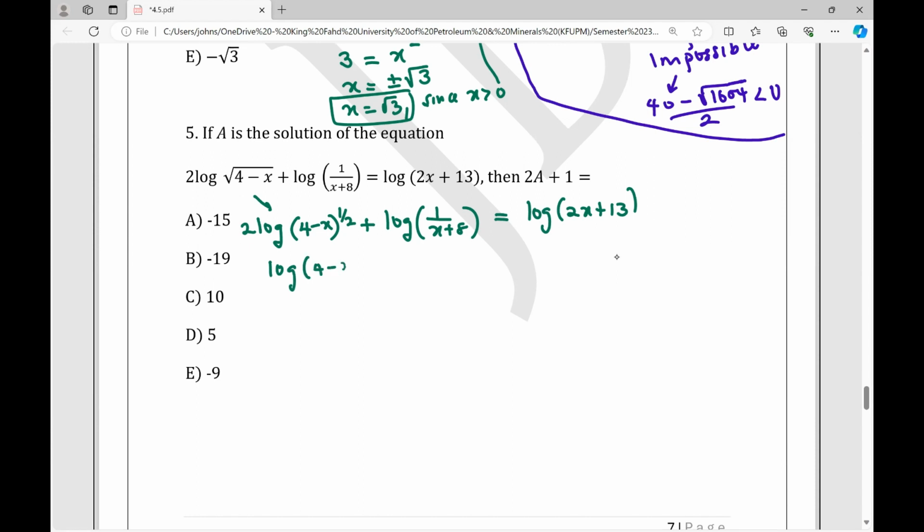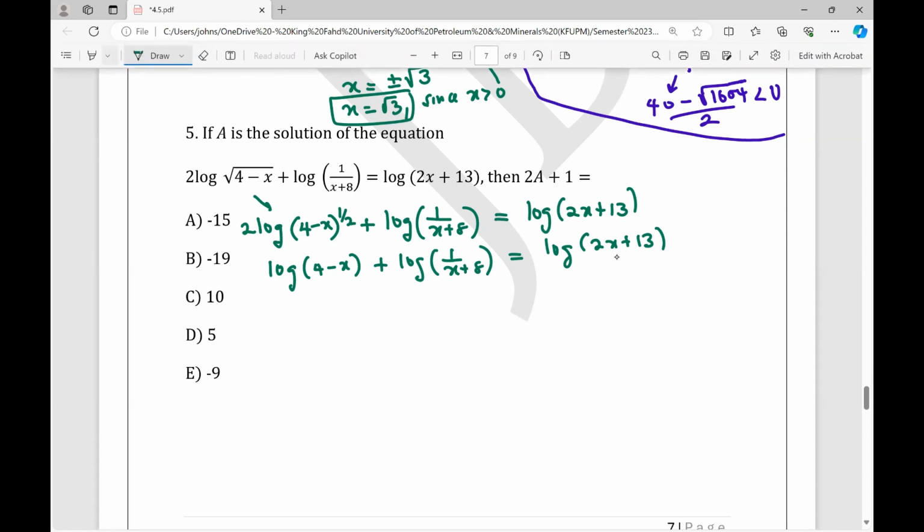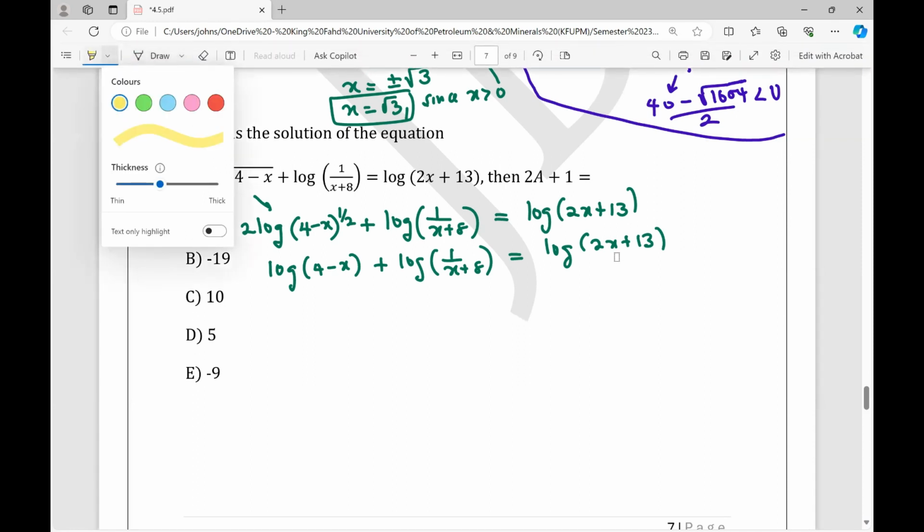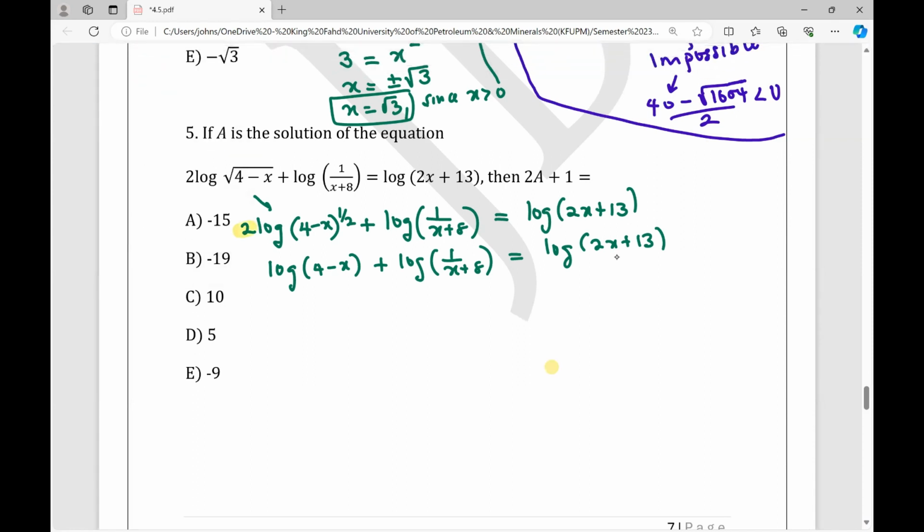So you just have 4 minus x plus 1 over x plus 8 is equal to log of 2x plus 13. Now you can see that this 2 has disappeared here because this 2 and this half will go, right?